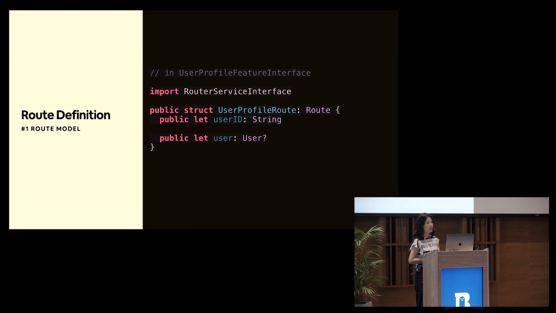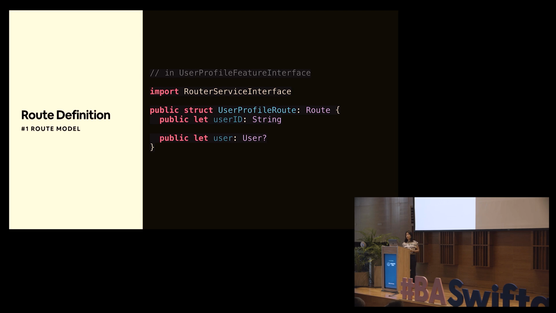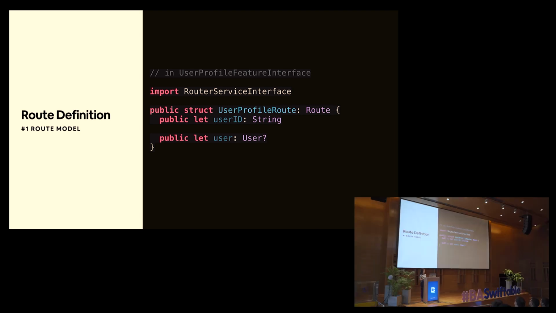In this example, the minimum requirement to navigate to user profile screen is user ID. If the consumer happens to have a user model, they can construct a route model using the user model so that we can populate the user name and user picture without having to make that additional API request.